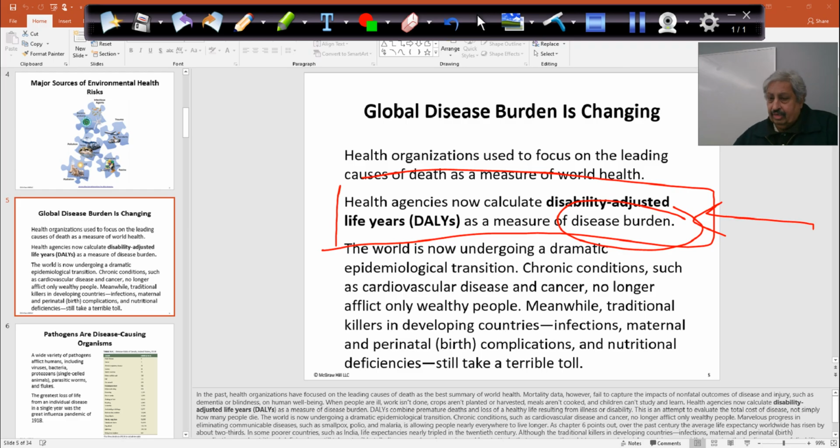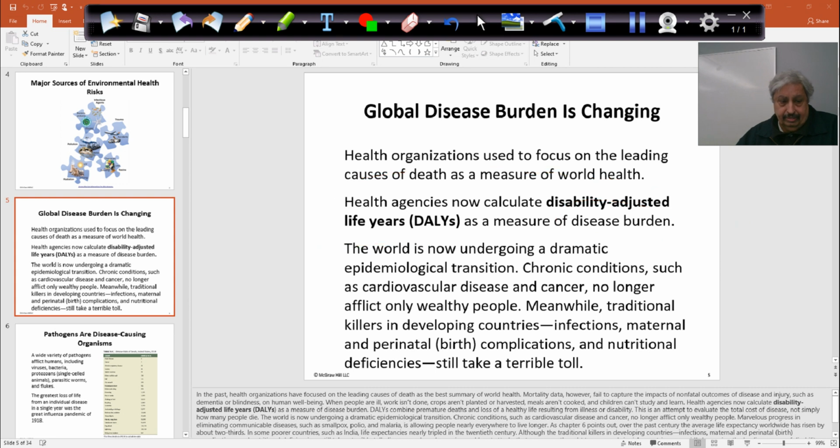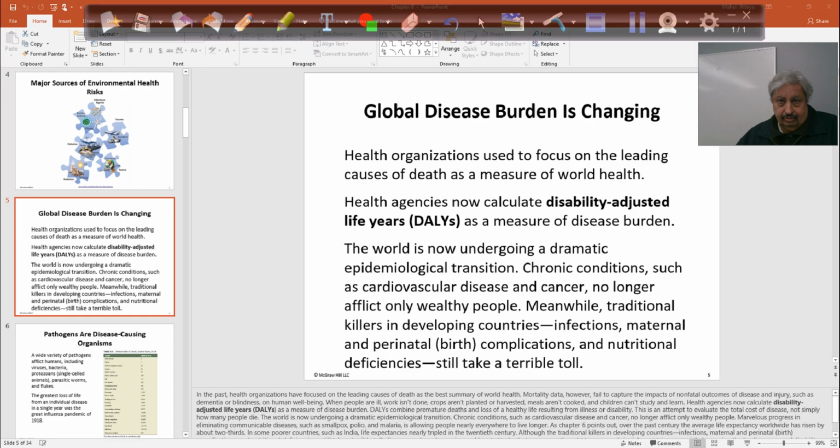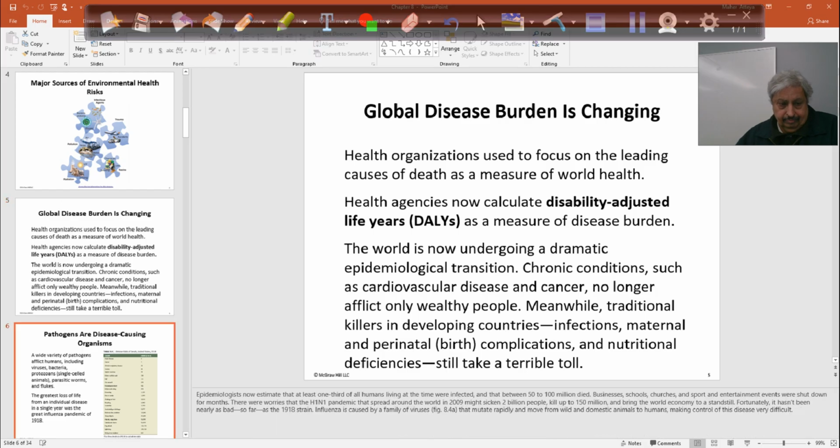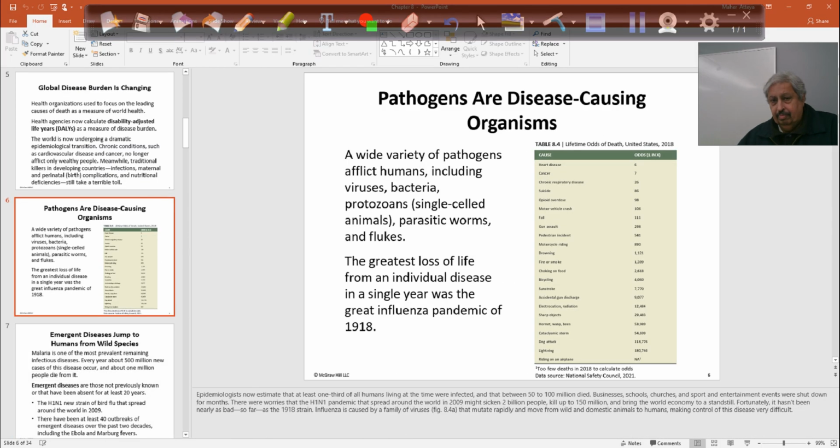So here, guys, let me just do this one here. Pathogens are disease-causing organisms. Okay, guys, pathogens are disease-causing organisms. So pathogens are really some chemicals, some toxic, that are affecting health.